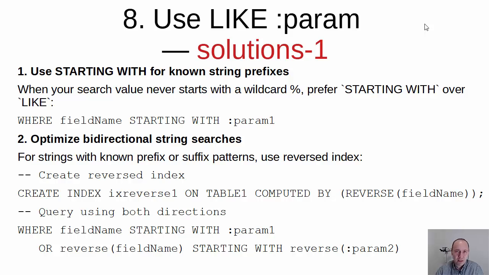REVERSE is a standard function in Firebird, and if you use REVERSE in the WHERE condition, it will use the index for reversed search, and as a result this search will be indexed and much faster.